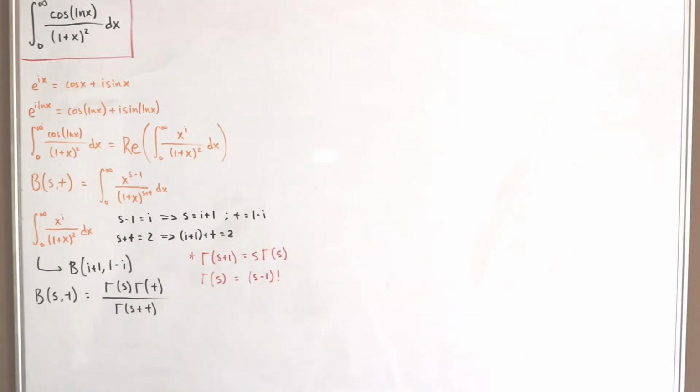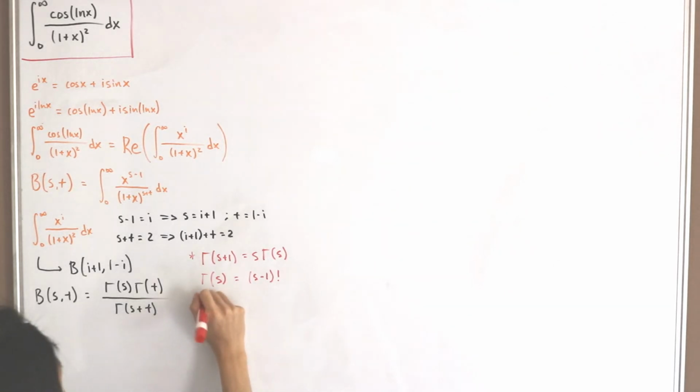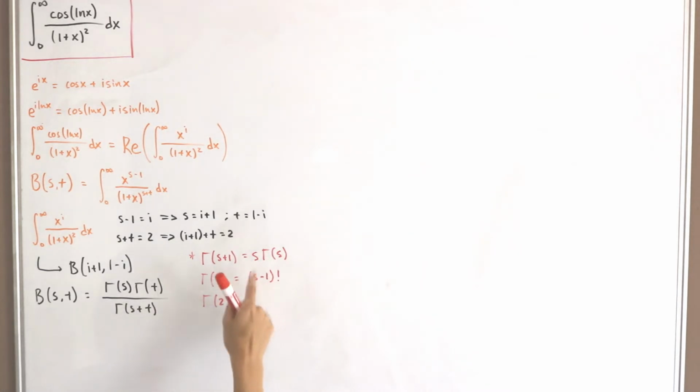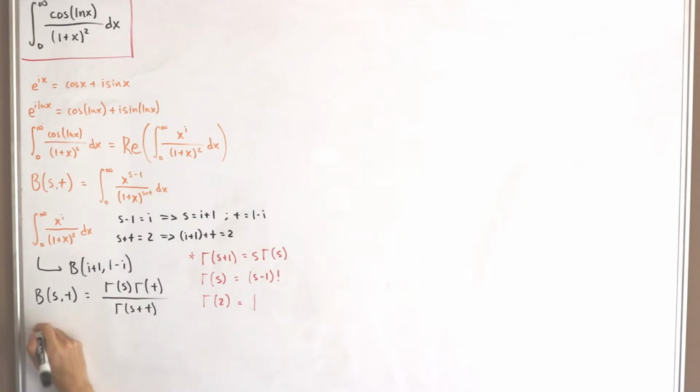All right. And then another calculation we're going to be doing, and I'll just write this down, is that we know that gamma of 2 is basically just equal to 1. You'll see that you just plug 2 in here. 2 minus 1 is 1. 1 factorial is just 1. Okay. So we have that. So we know what our s and t variables are. Now, write this as beta of i plus 1 and 1 minus i.